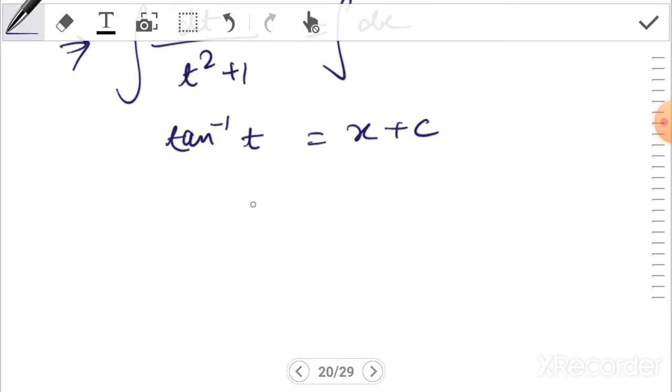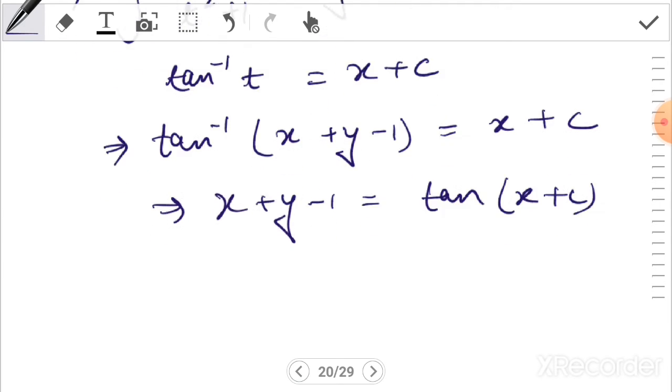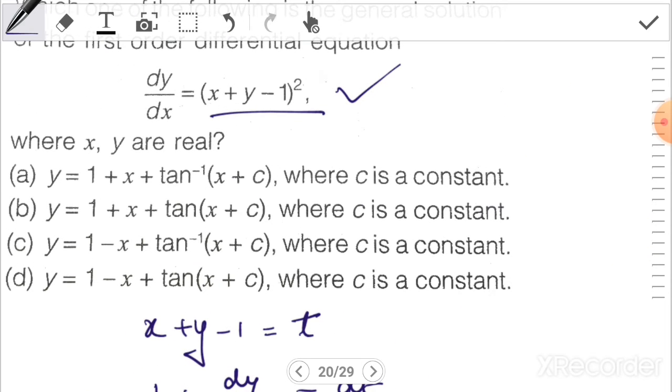Now since t is equal to x plus y minus 1, replacing, tan inverse of x plus y minus 1 is equal to x plus c. So x plus y minus 1 is equal to tan of x plus c, and y is equal to 1 minus x plus tan of x plus c. So this is the required solution. So answer is D. Okay.